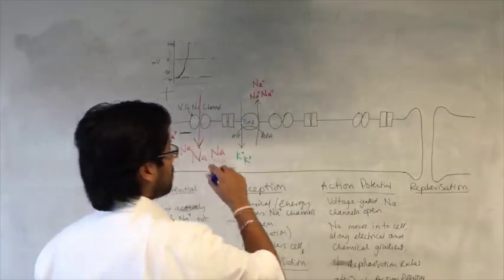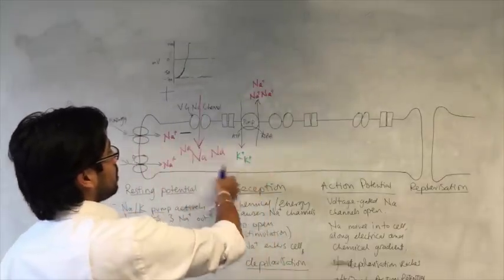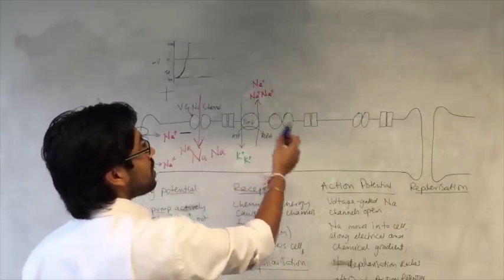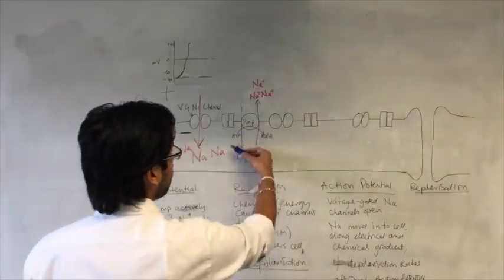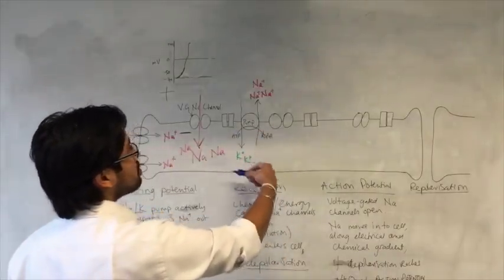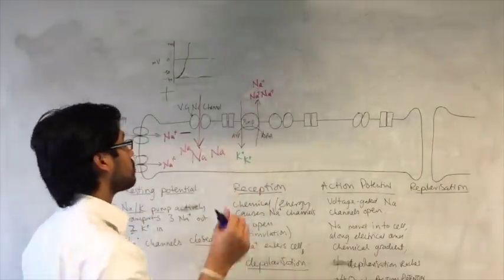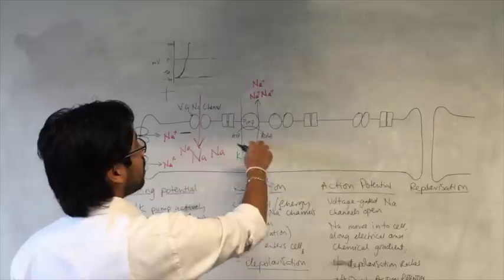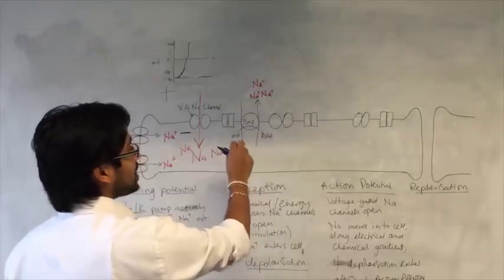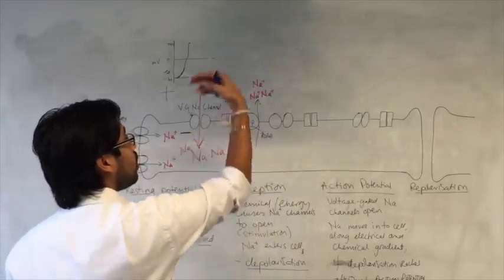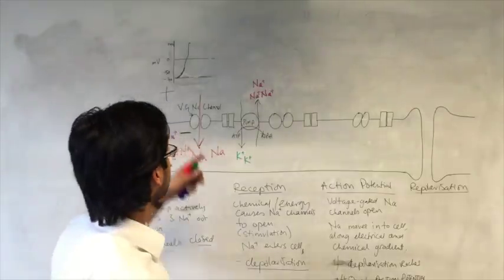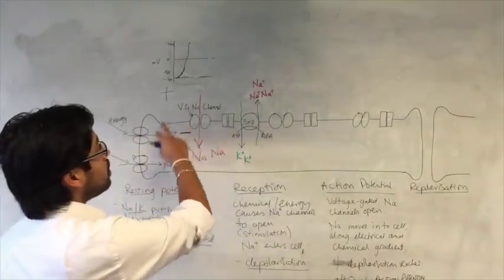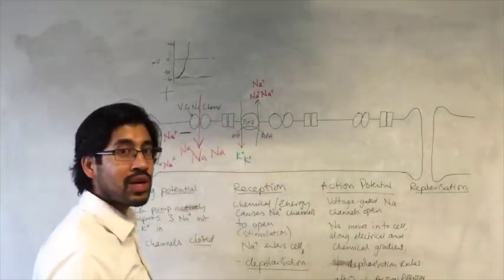This time, potassium will move out of these channels because not only is there a high concentration of potassium inside and a low concentration of potassium outside, i.e. a chemical gradient, now there's also an electrical gradient.